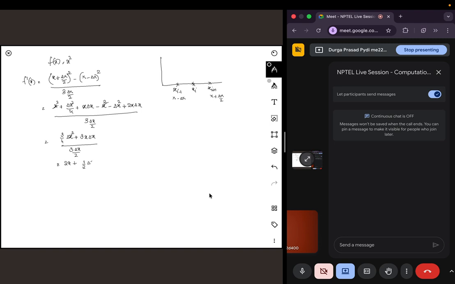Delta x common. So I'm getting 2x plus delta x by 2. So this is the residual that you are getting, right? Sorry? It should be 2x, no? Yeah, it should be. So this is the residual that you are getting because of that.